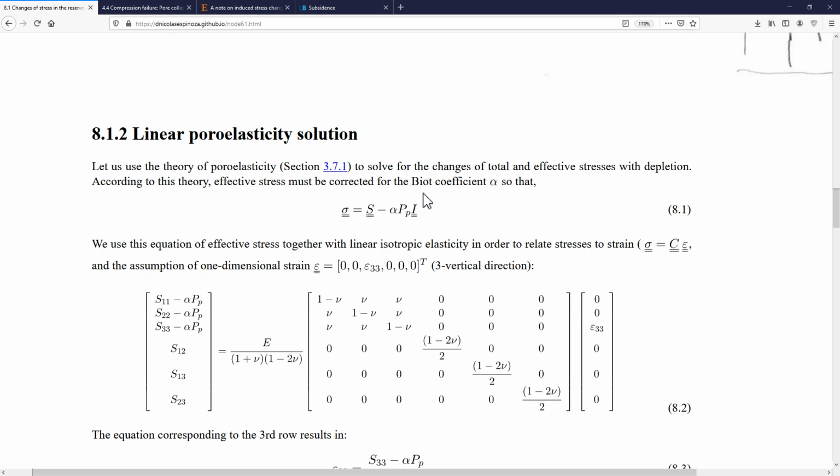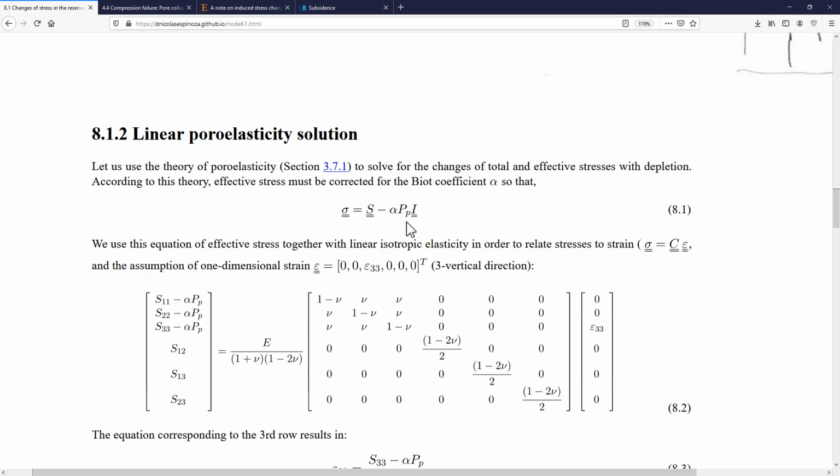In the corrected effective stress equation, we add another parameter, alpha, which is called the Biot coefficient. The Biot coefficient goes from a lower bound equal to the porosity to an upper bound of 1.